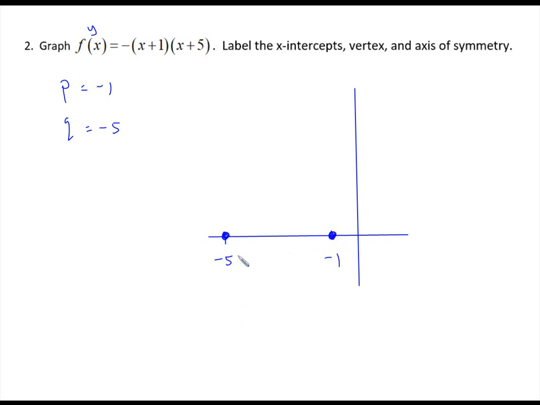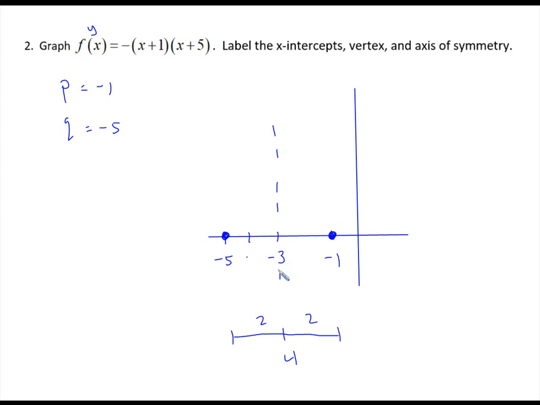Now once again, we know that the axis of symmetry is going to be halfway. So once again, it looks like it's going to be between -5 and -1. That's 4 spaces, right? So that means the axis of symmetry, if we move 2 spaces to the right of -5, so let's say 1, 2, so that'll be -4, -3. So this is where the axis of symmetry would be.